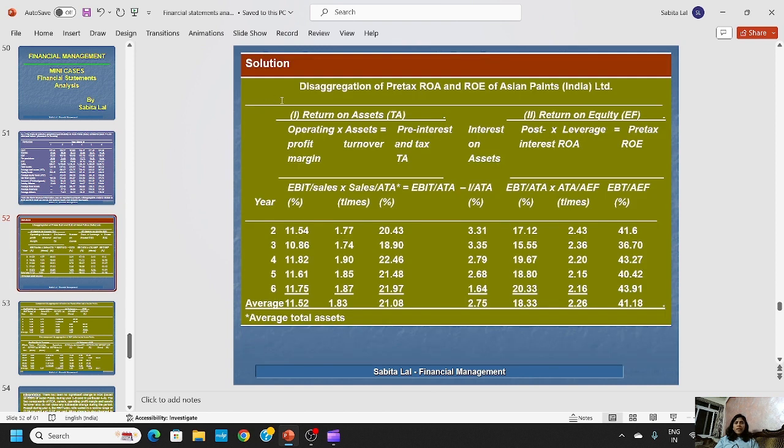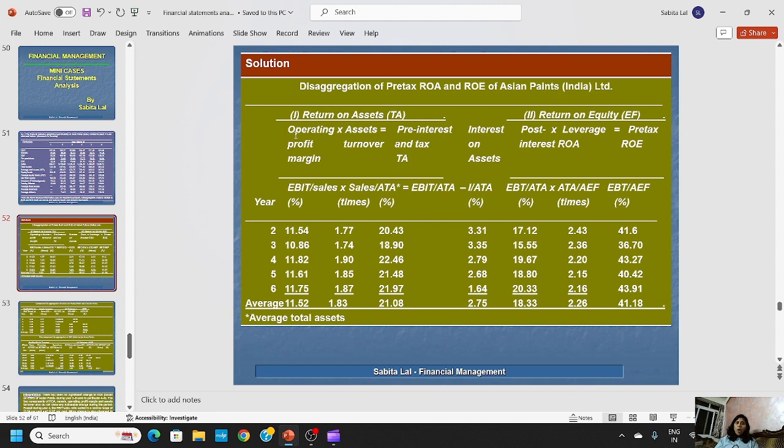So here is the solution. The main thing is, if I have to calculate ROA and ROE of Asian Paints India Limited, what was in my previous class? If you go through the last PPT slides, ROA and ROE formulas are there.